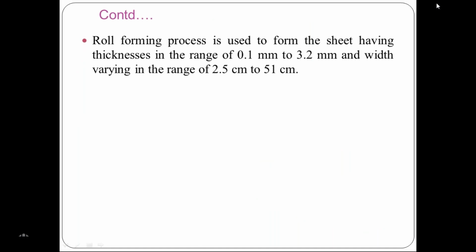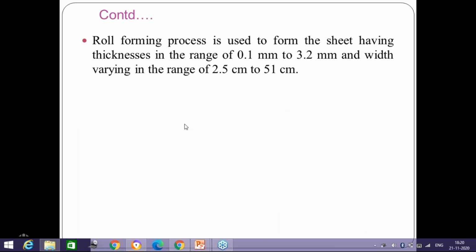Roll forming process is used to form a sheet having thickness in a range of 0.1 mm to 3.2 mm and width varying in the range of 2.5 centimeter to 51 centimeter. Actually, these are the limits.